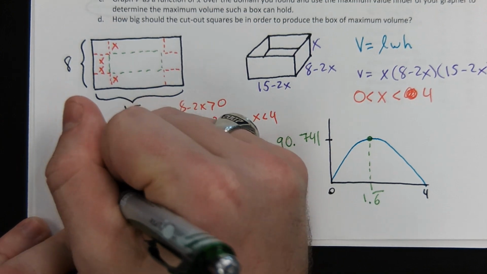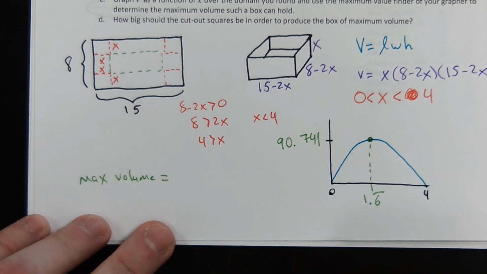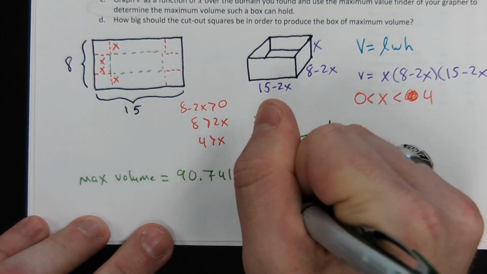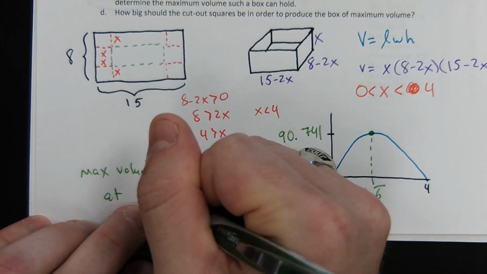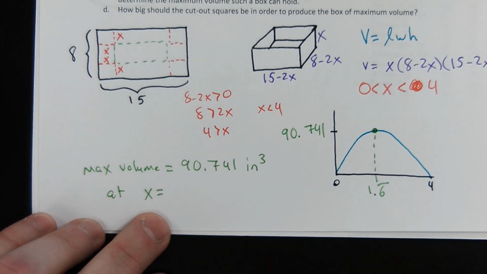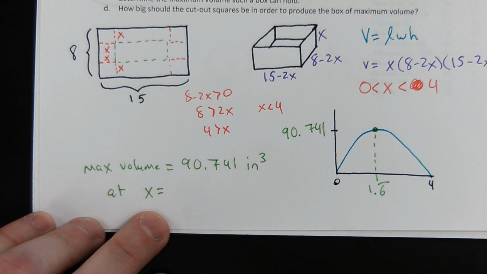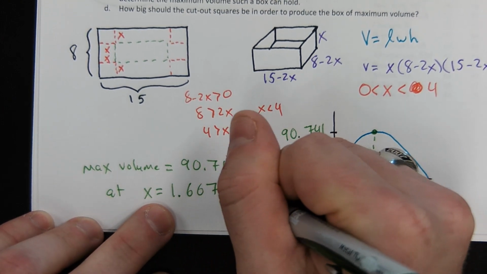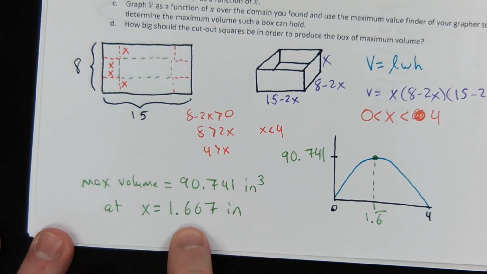So we say max volume equals 90.741 cubic inches at x equals, and you can either say 1.6 repeating inches or you could round it to 3 decimals, 1.667. Let's just round it to 3 decimals like that. So that was the answer for C. That was the answer for D.